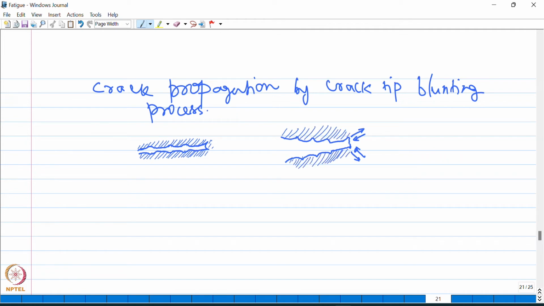Now, as the crack widens, it grows longer by plastic shearing, and at the same time, the tip becomes blunter.